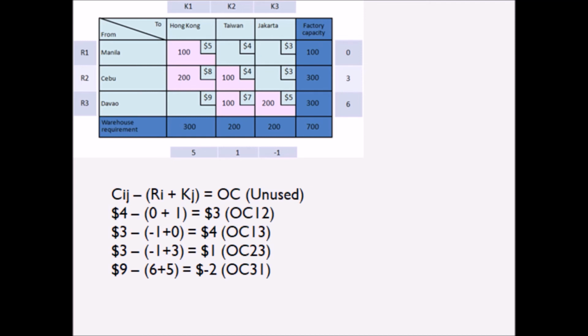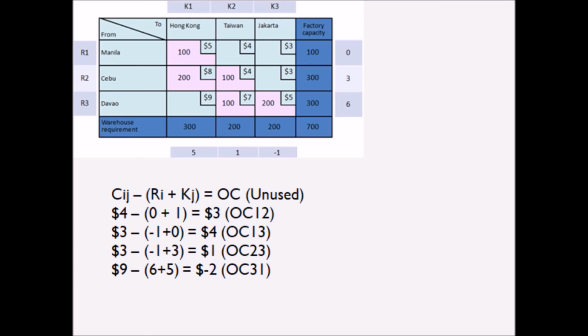And next, for Manila to Jakarta, we have a shipping cost of 3 minus r sub 1, which is 0, and k sub 3, which is negative 1. That gives you a difference of 4, and so on and so forth until the process is concluded.